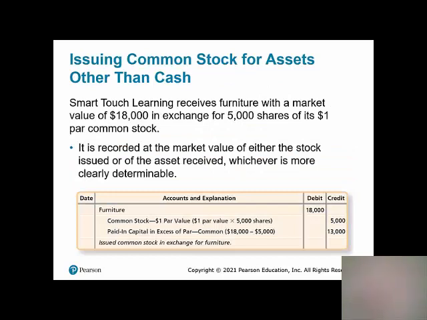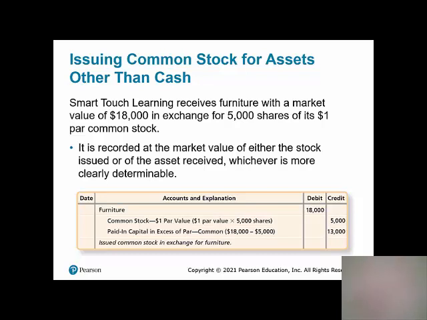We can sometimes issue common stock for assets other than cash. So when businesses are getting started, they typically will go into business maybe as a sole proprietorship, but then they'll organize later as a corporation, and they'll transfer the assets from the sole proprietorship into the corporation. So for example, let's say that Smart Touch Learning received furniture from the owner instead of cash, and the market value of the furniture was $18,000.